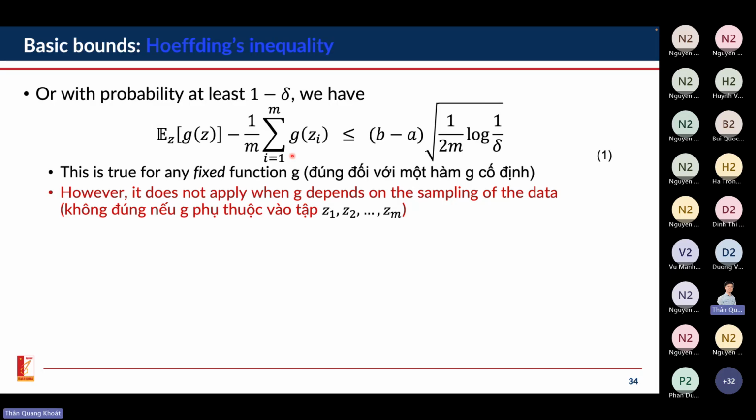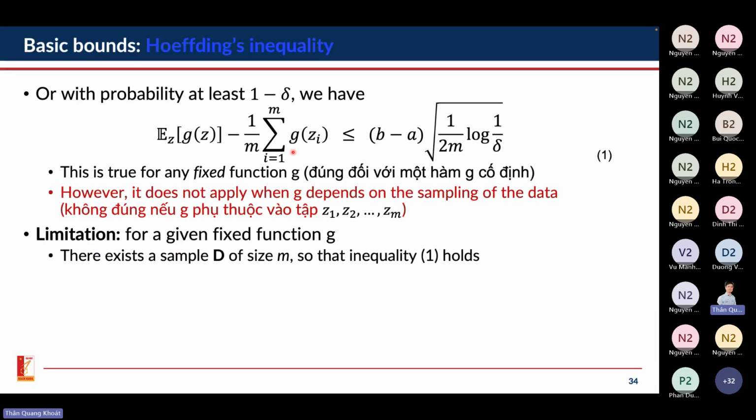When we apply this to a trained model, the z function can change when we train a model, right? So we cannot use this result directly to analyze our training model, okay? Because the training model depends on the training set, right?